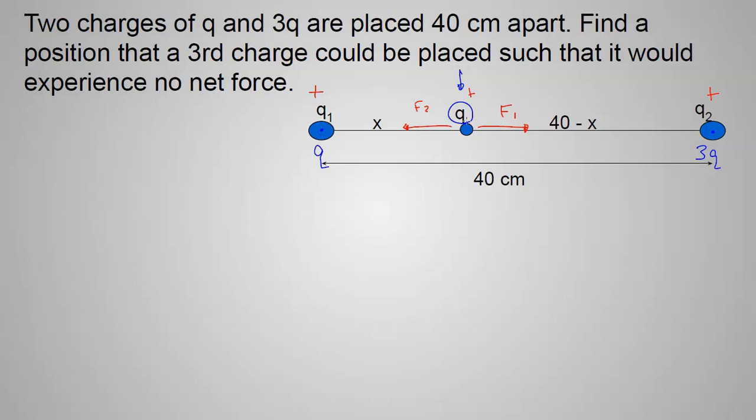So for all problems like this, where you have more than 2 charges, it's pretty straightforward. We're going to find F1, and we're going to find F2, and then we want to make sure that F1 plus F2, in this case, equals 0.